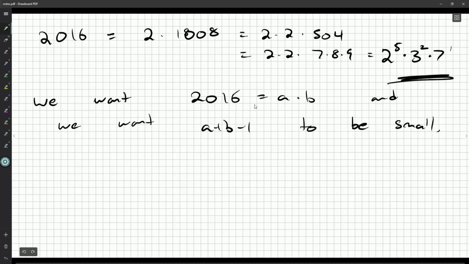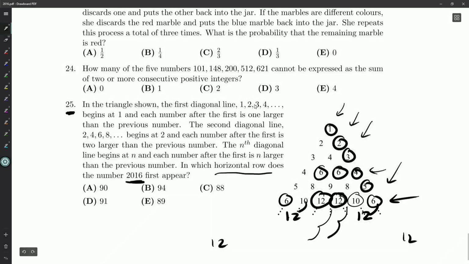So I could work out all the possibilities. There'll be 36 different possible combinations. But some things like 2016 times 1 or 1008 times 2 are so wildly out of the way. I mean, look at our possible answers. We're not even close to 2017 or 2000 or 1009 as a possible answer. So we can definitely get rid of those.